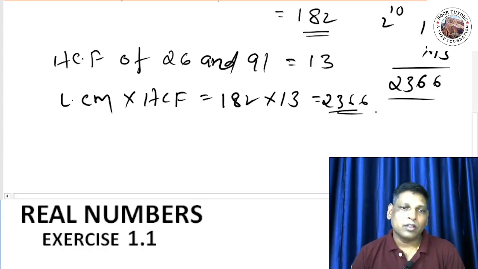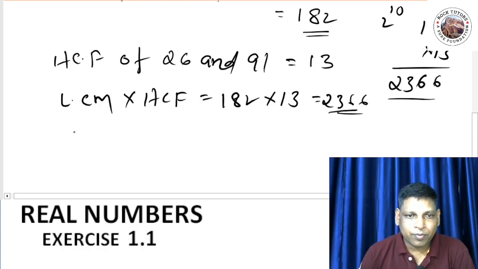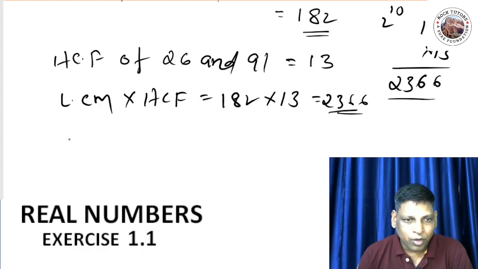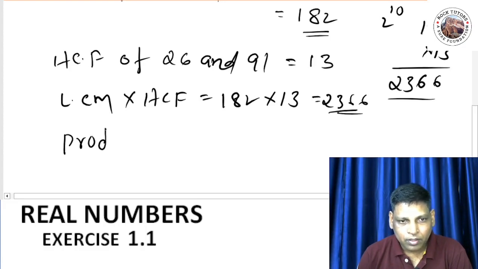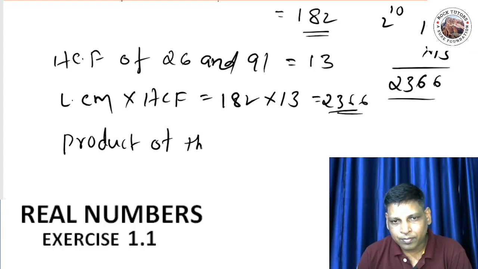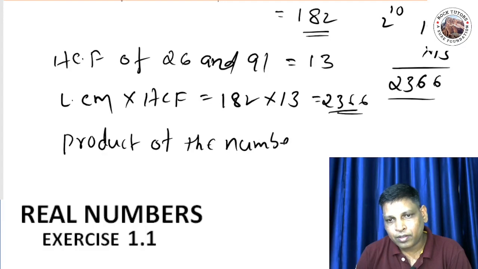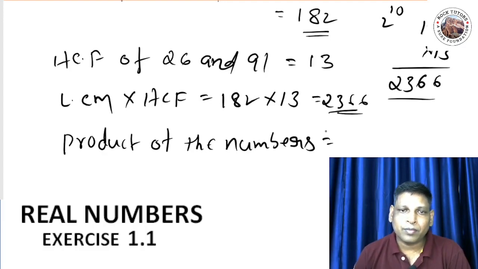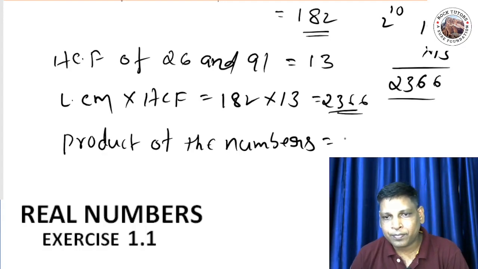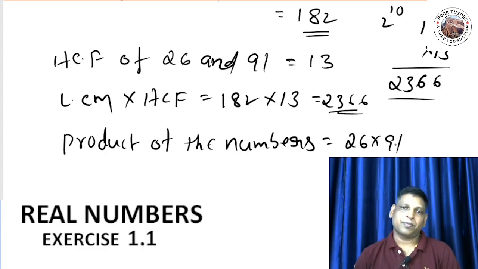Now we'll go for the product of the numbers. What are the numbers? 26 into 91.